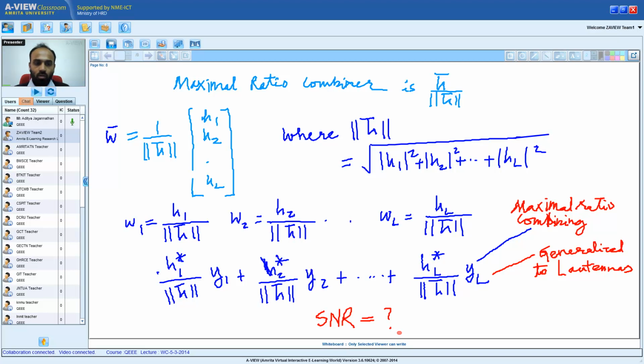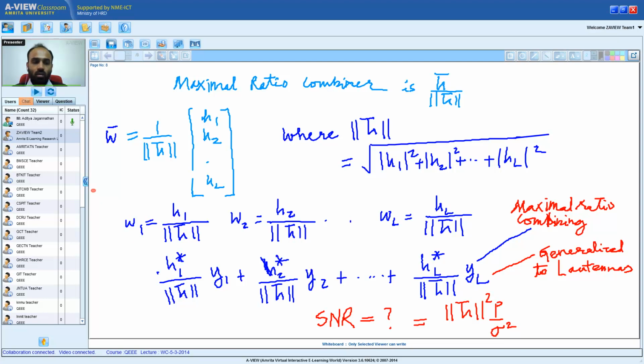Norm H square into P divided by sigma square. That is correct. SNR at the receiver is equal to norm H bar square into P divided by sigma square.